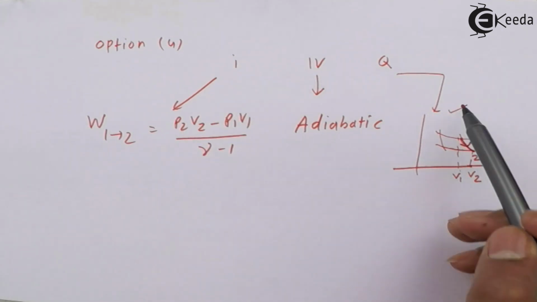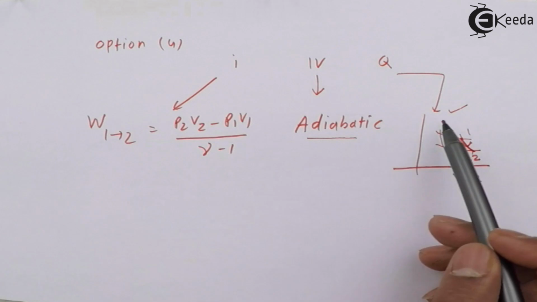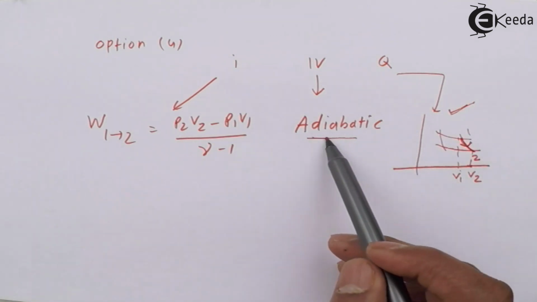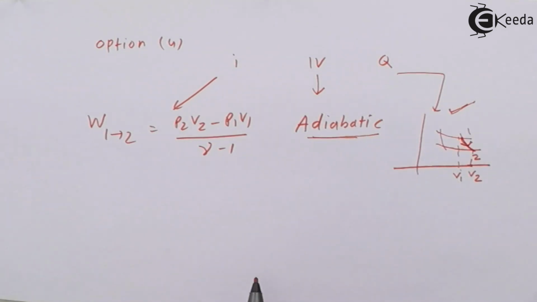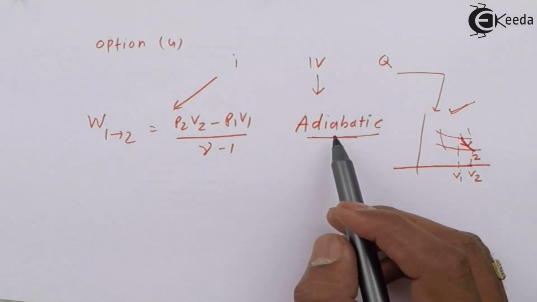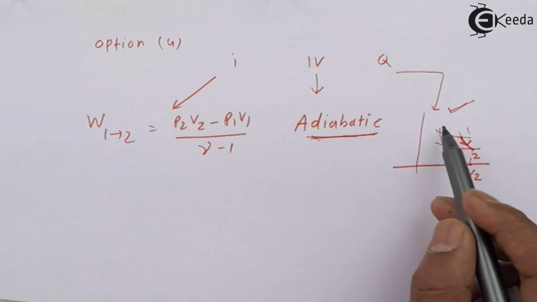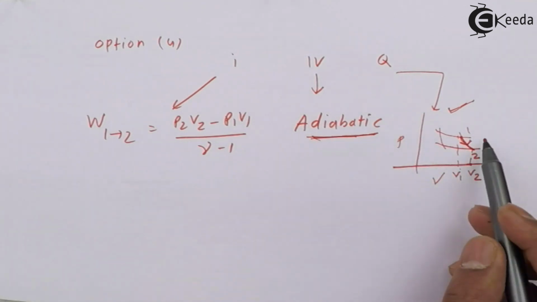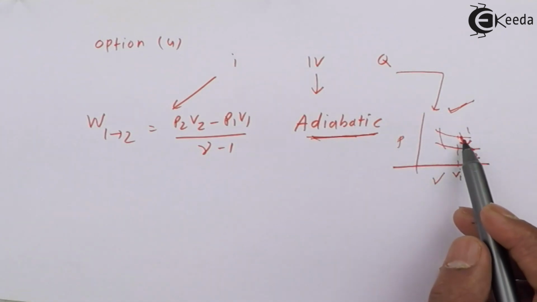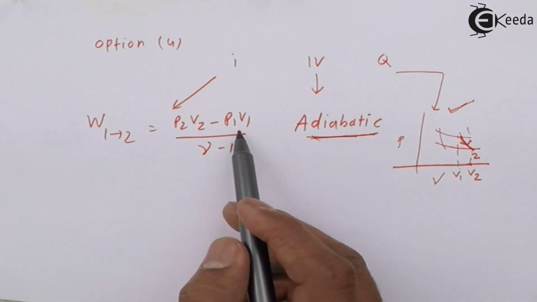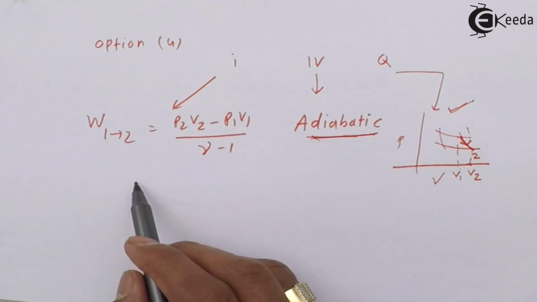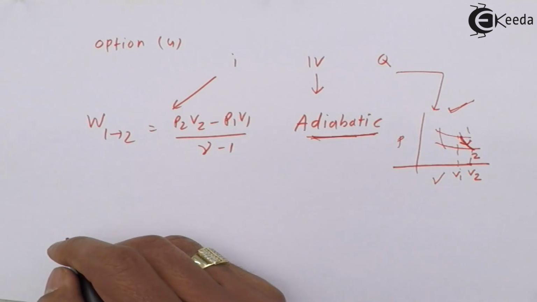So this is correct. The speed of sound is represented such that when sound travels, the process is adiabatic, and this PV diagram correctly represents the adiabatic expansion, from volume V1 to V2. So this option is correct. Okay, thank you.